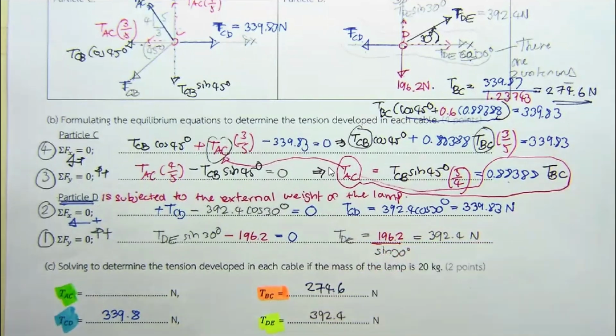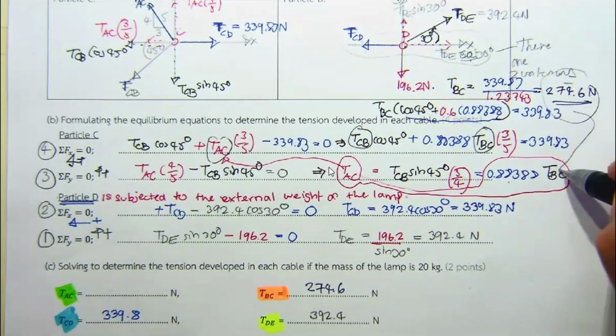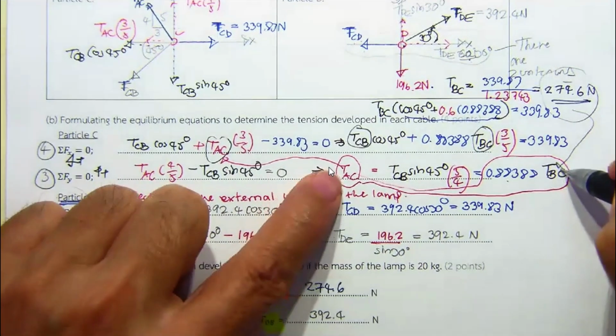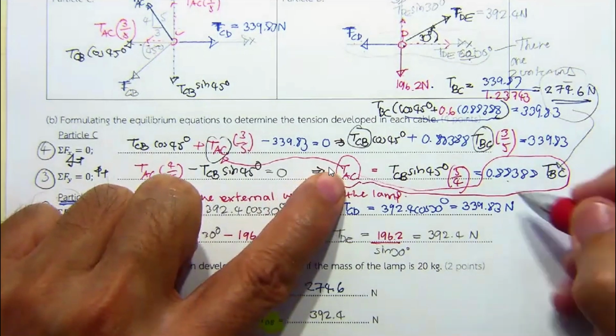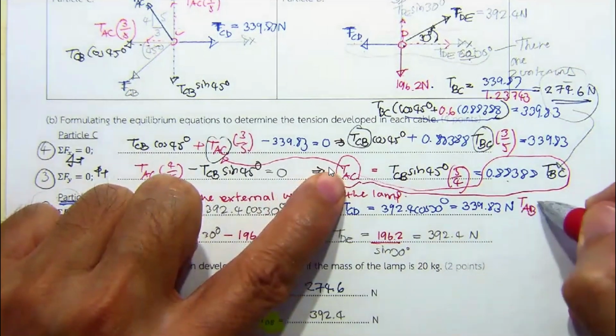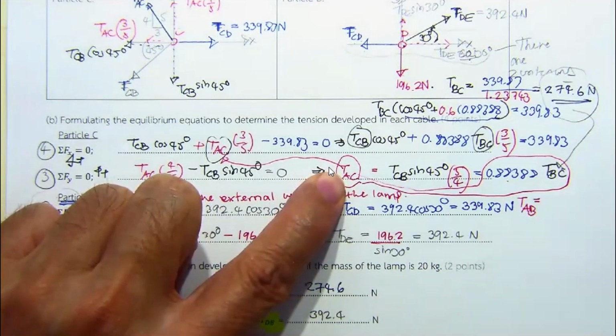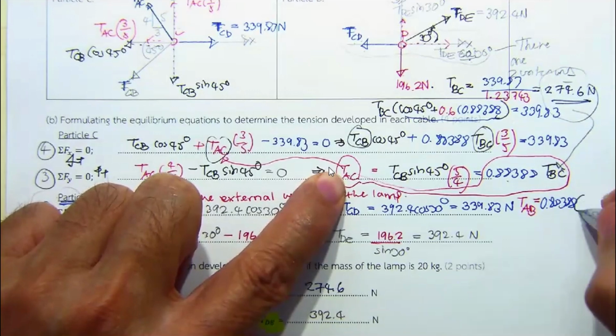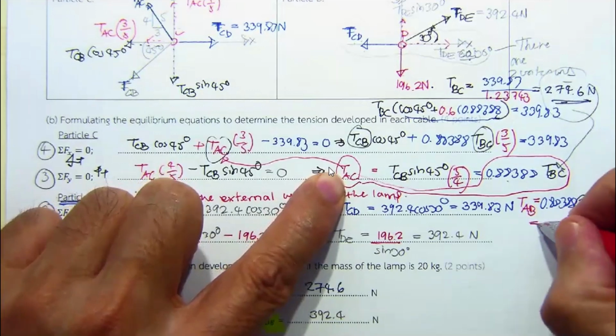274.6 Newton. Then you take this one, T sub BC, keep it over here. So your T sub AC is going to equal 0.88388 times 274.6. Put it in your calculator.